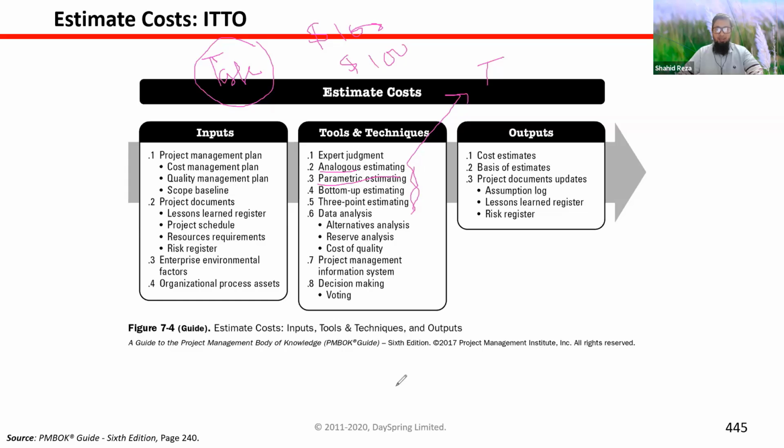What is parametric estimating? Can anyone remember what parametric estimating is? We talked about this in the schedule chapter. Using some parameters or arithmetic. So what did we say there?